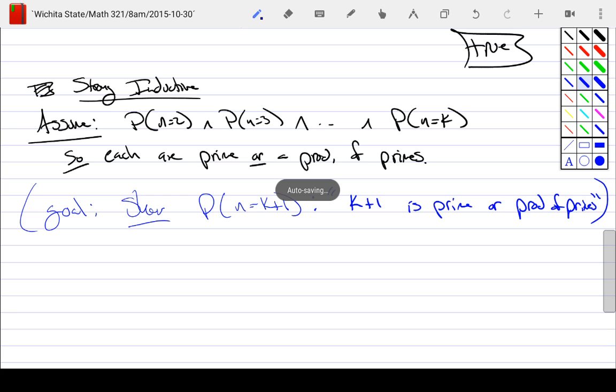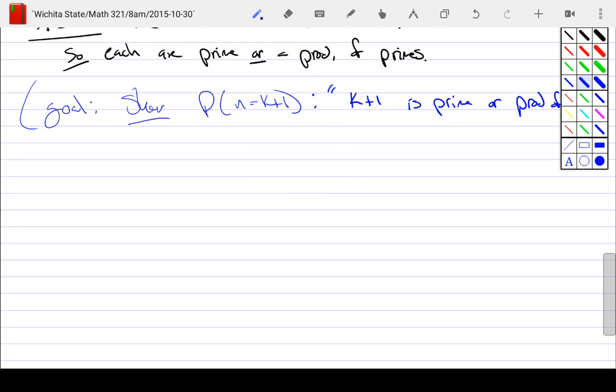Well, all numbers n, no matter what. So let's go with what we have. k plus 1 is, all numbers can be broken up into two versions. All numbers are either prime or they are not prime, which means composite. So that's just flat out.